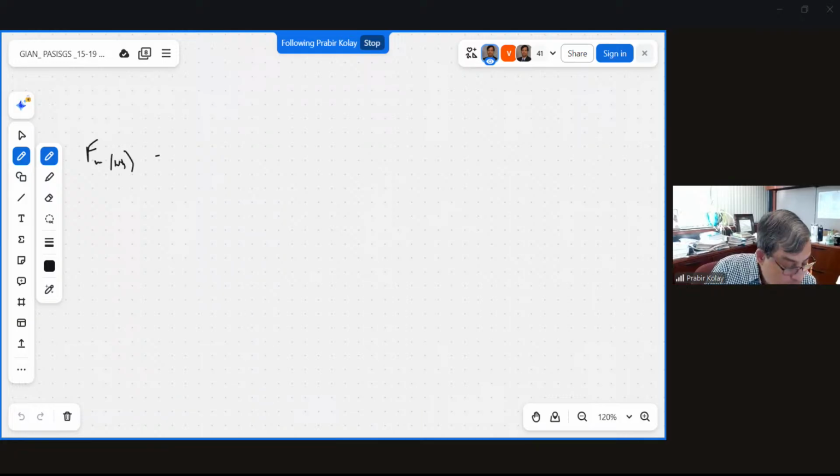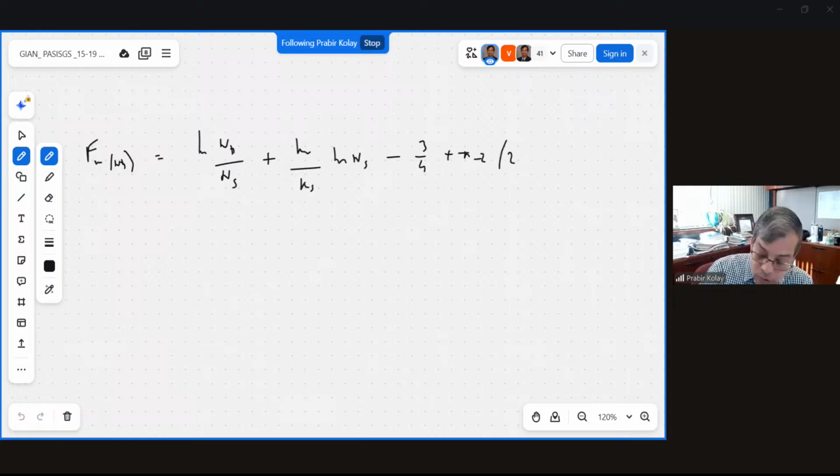FMND is equal to ln ND by NS plus KR divided by KS ln NS minus 3 by 4 plus pi Z 2 times HDR minus Z times KR by QC. So this is the equation you need to use.